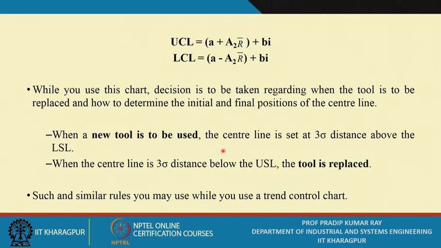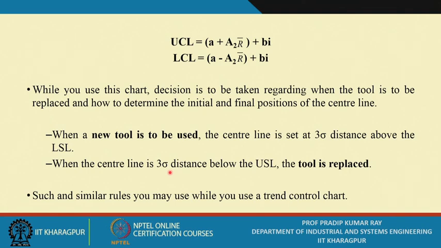Whenever you get the first sample, you are using the new tool, fresh. So the new tool is used when the central line is set at 3 sigma distance above the LSL, and when the central line is 3 sigma distance below the USL, the tool is replaced. Is it okay?